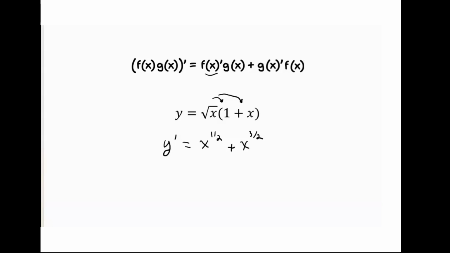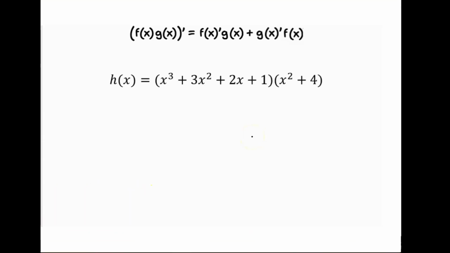And then y prime would be 1/2 x to the negative 1/2 plus 3/2 x to the 1/2. So sometimes it's easier just to bypass the product rule if it's easy enough to multiply out. Now if it wasn't easy enough to, then obviously you need to go to the product rule.